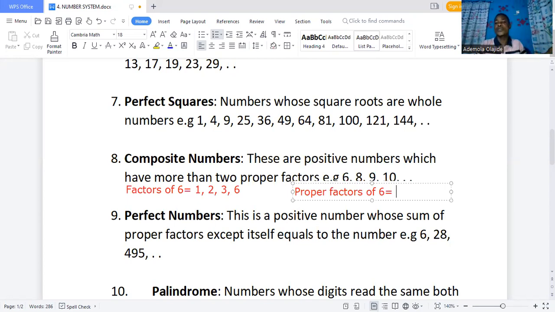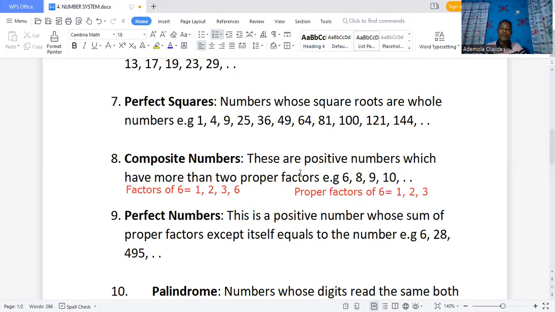All numbers that can divide 6 directly, apart from 6 itself. So 1 is a factor and it's less than 6. 2 is a factor, less than 6. 3 is a factor, less than 6. So these are proper factors of 6.